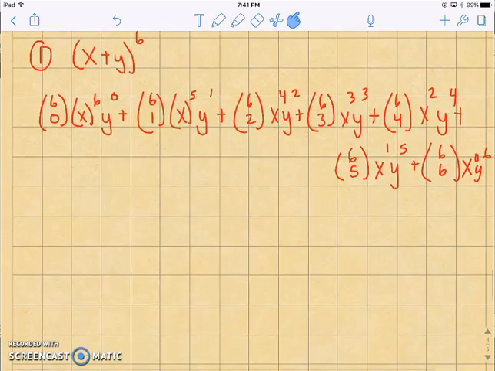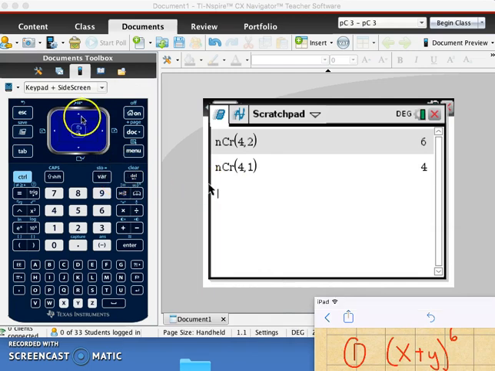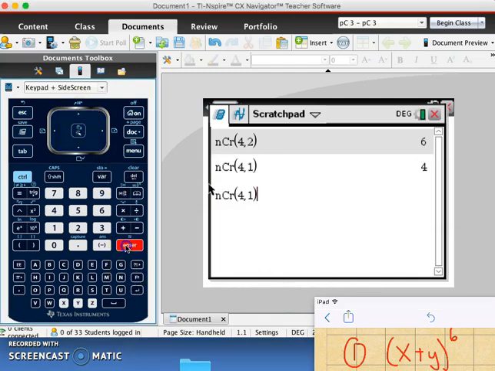And then we'll use our calculator. I'm just going to arrow up twice to get this. Go back. 6c0.